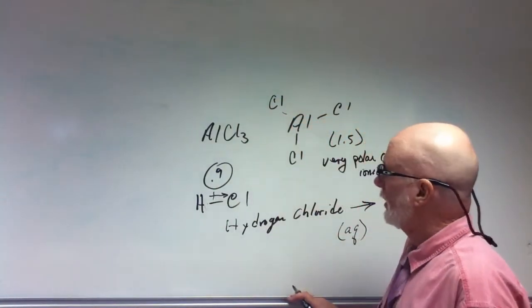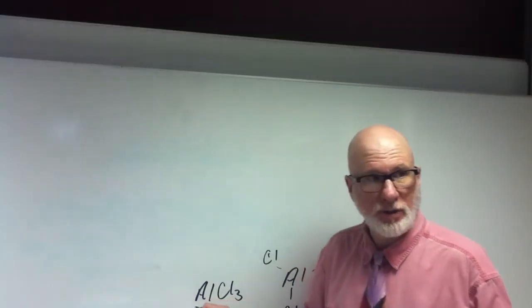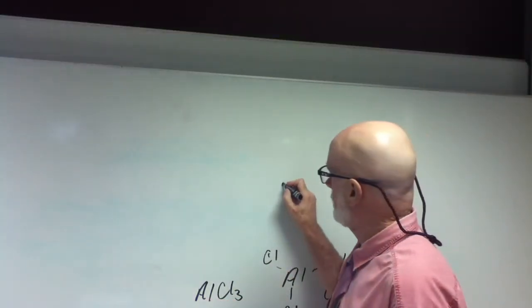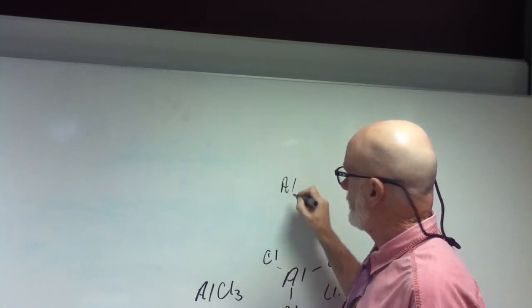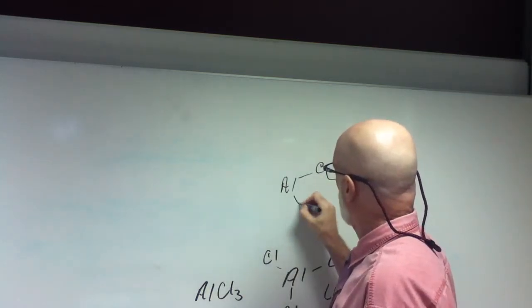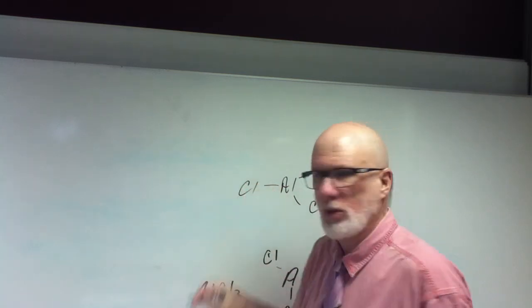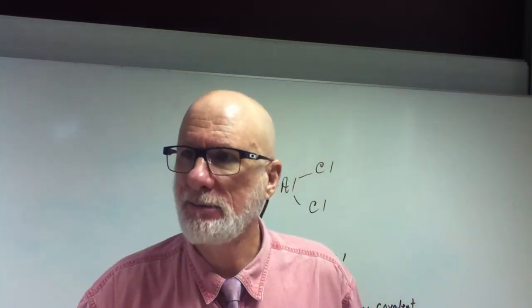So let's look at the structure of aluminum chloride. We know that aluminum is in the middle. Okay, we're doing a little bit of covalent bonding now. Chlorine is here. You know what? Let me turn this off, and we'll call this ionic bonding. Okay. Is that good?